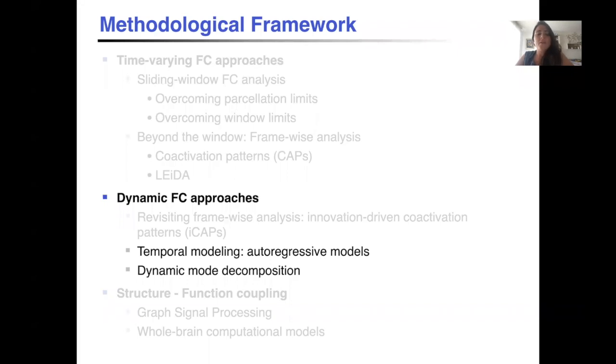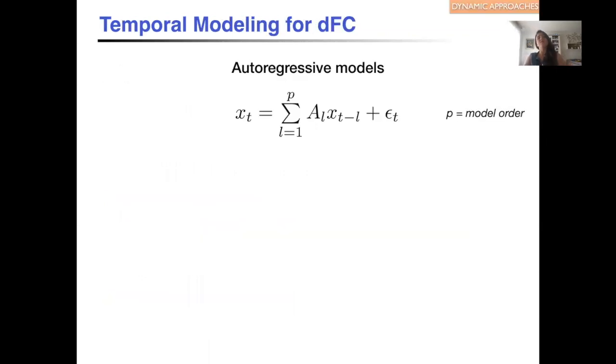Okay, so another category of approaches that we can define as dynamic because they look at the influence between time points is autoregressive models. Maybe the ones that by definition look at this influence, since they indeed model the relationship between different time points.